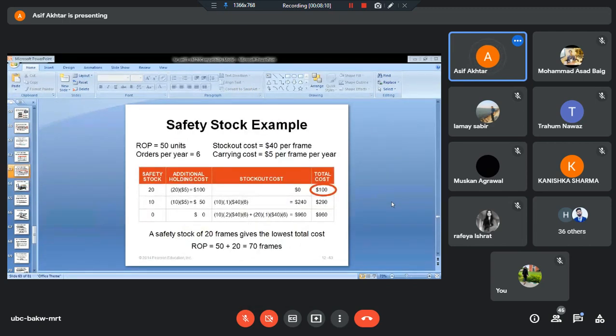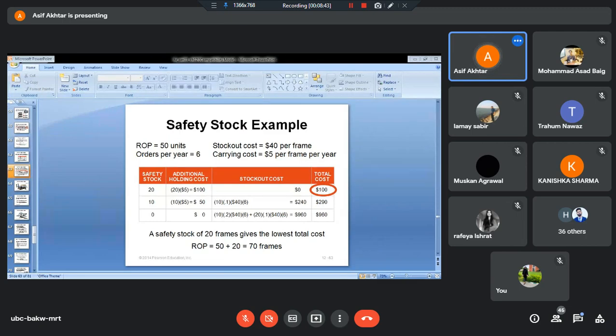Now, in this example, please don't look at the entire calculation mentioned here. I don't want you to focus on that part because we have not discussed it till now. Imagine that you have a reorder point of 50 units, calculated using the formula D into L. आप ऊपर देख रहे हैं ROP 50 units लिखा हुआ है.